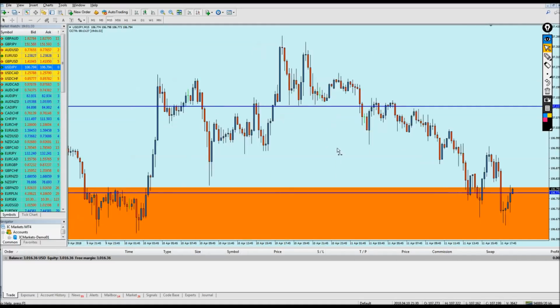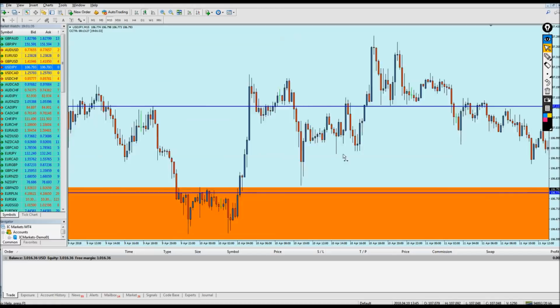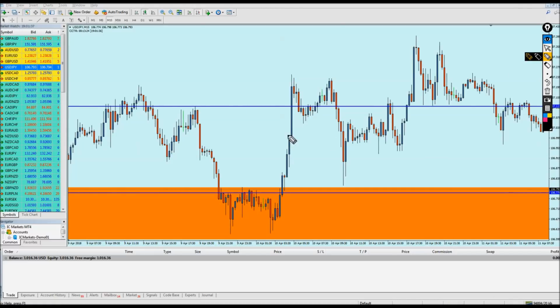For example, if I set, let's say, this level here as my stop loss at the breakout. What does that mean again? It means that you have to set this level here, but don't make this your stop loss.